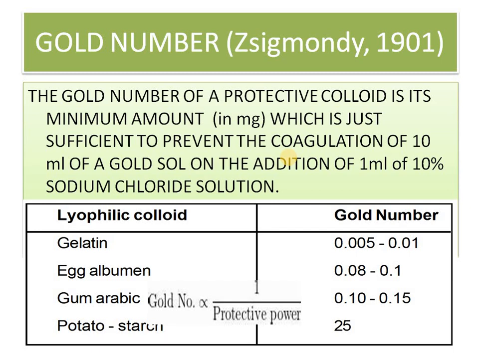It is a concentration and is known as the coagulation value. The lesser the value, the more the protective power. You see this gelatin value is very low, so the value being least means it is highly stable, and when the value is maximum, it is least stable.